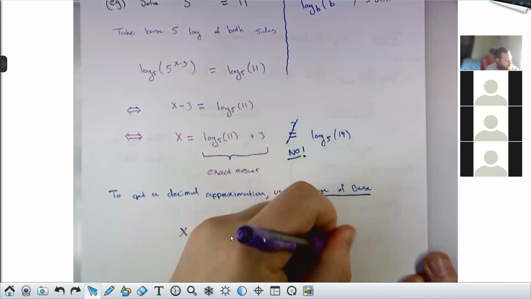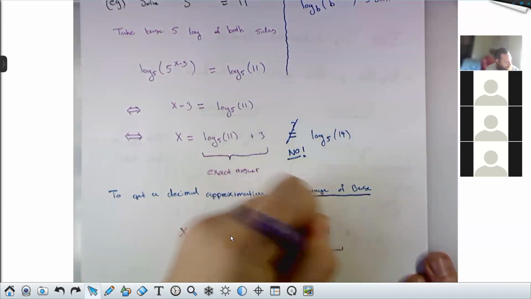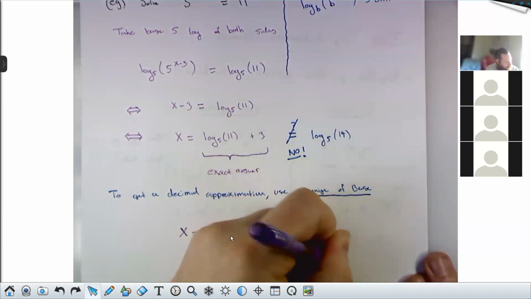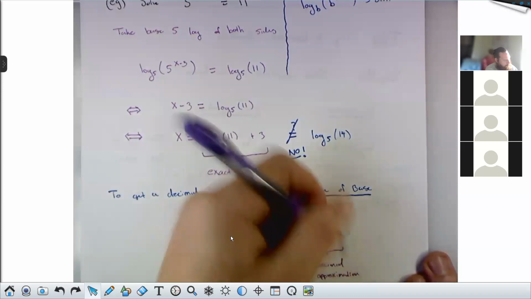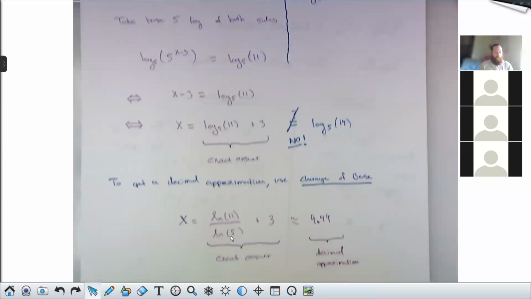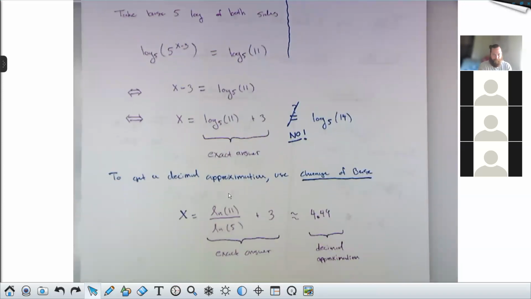This is the decimal approximation. You could argue that this is a cleaner looking exact answer, and you're right in a sense, but this is the form that has more utility because this is the form that you can plug into your calculator.